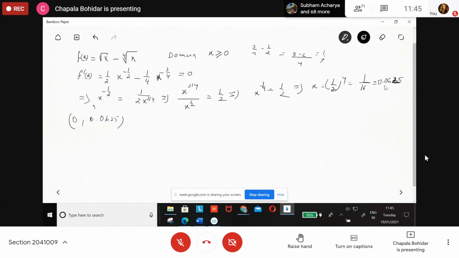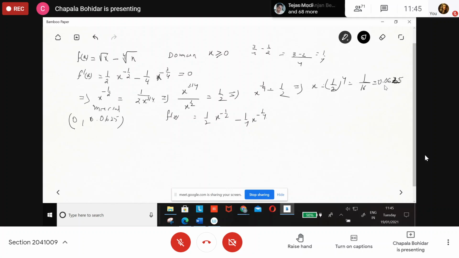You write down f dash x. f dash x is equal to 1 by 2 x to the power minus half, then 1 by 4 x to the power minus 3 by 4. That is f dash x.